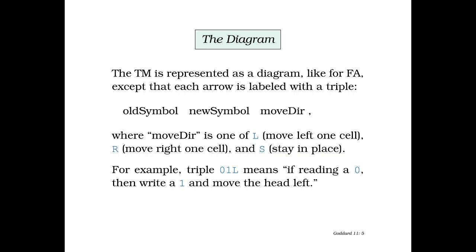Move direction can be L if it moves one cell to the left, R if it moves one cell to the right, and S, which means stay in place. So if I were to look at a triple 0, 1, L, that would mean the old symbol, which was read, was 0. And now I have to write a 1 in the same cell, and subsequently I'll move the head to the left.